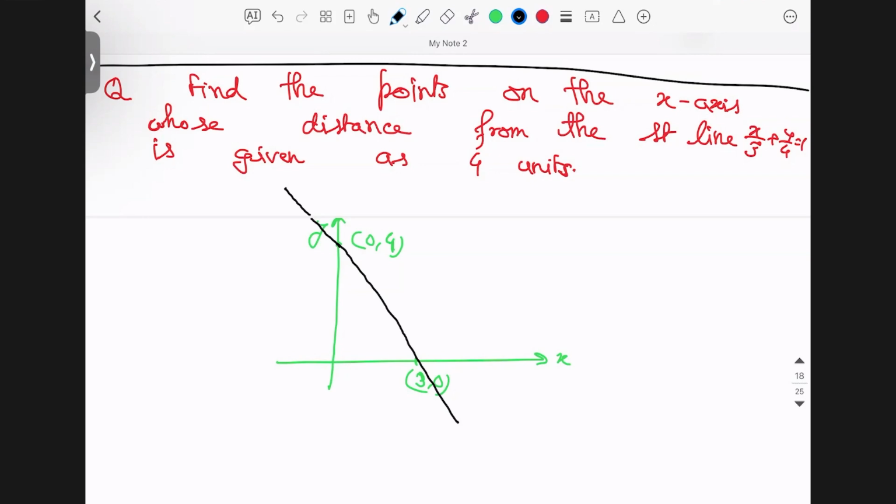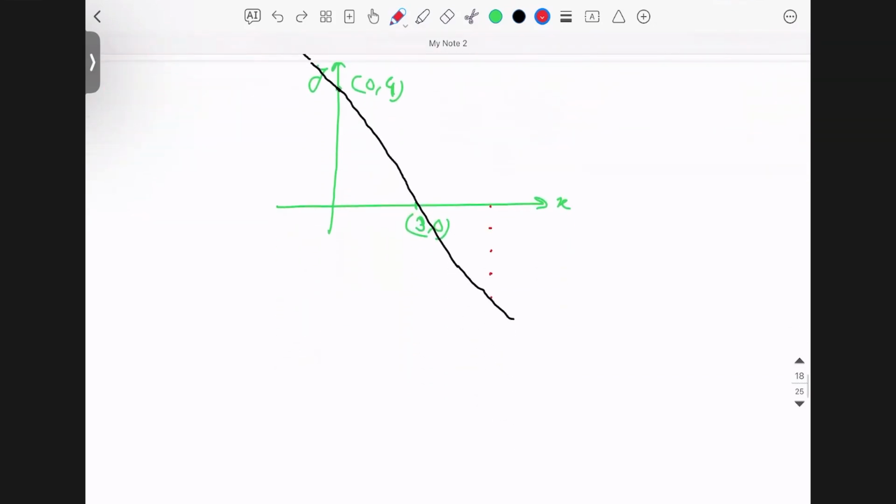One point may be at this point, from where we can have 4 units like this, and another point can be somewhere here or somewhere here. I don't know exactly where, but we can get two points such that the distance from that point to the straight line is 4 units.